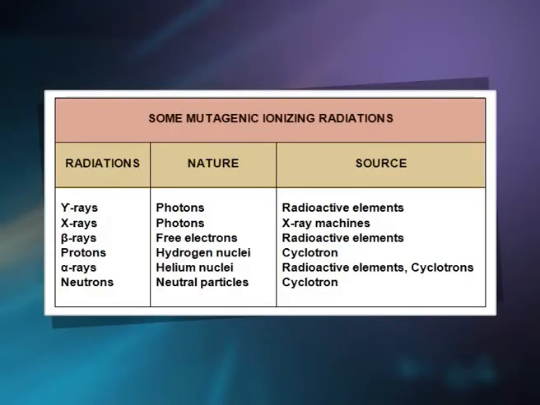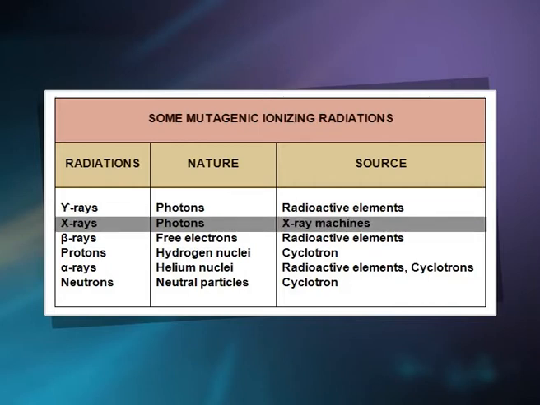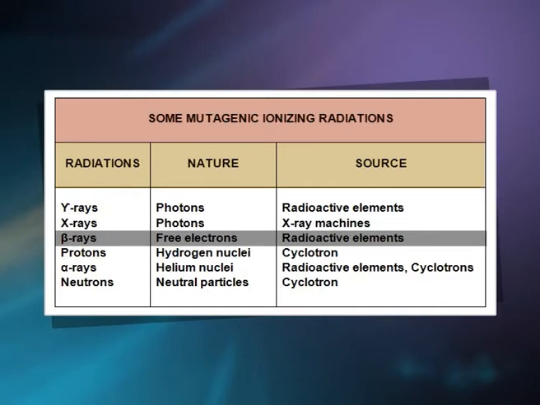Here in this table, you can see some of the mutagenic ionizing radiations. Gamma rays, they are basically photons in nature and the source is radioactive elements. X-rays are also photons in nature and the source is X-ray machines. Beta rays exist as free electrons and the source is radioactive elements.